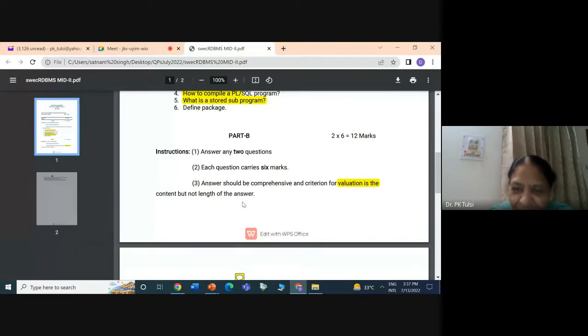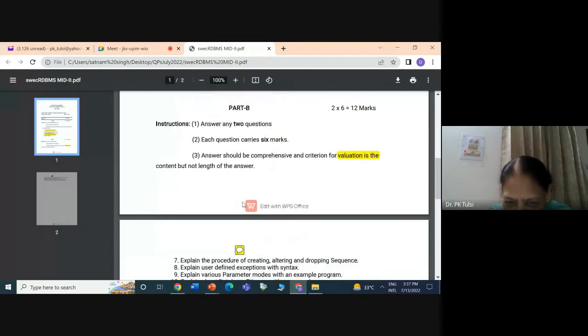You are expecting a correct answer from the comprehensive answer. Criteria for evaluation is the content but not length of the answer. क्या कहना चाहते हो? ये correct?